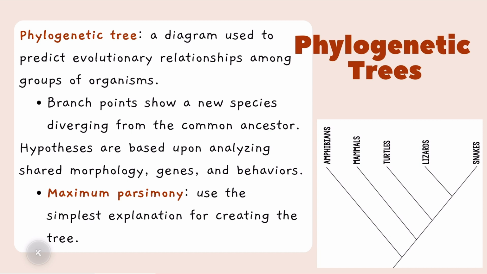Obviously, behaviors isn't your strongest scientific evidence for relatedness, but I digress. And we do these by using maximum parsimony, which means that we're using the simplest explanation for creating the tree. We're not trying to come up with some crazy conspiracy theory about how this one organism is so different than the other ones, but yet it's somehow more related.